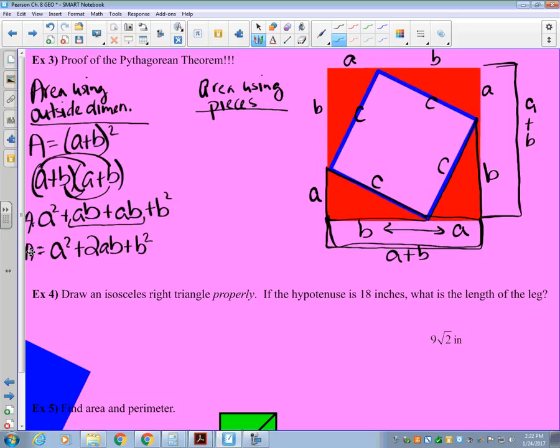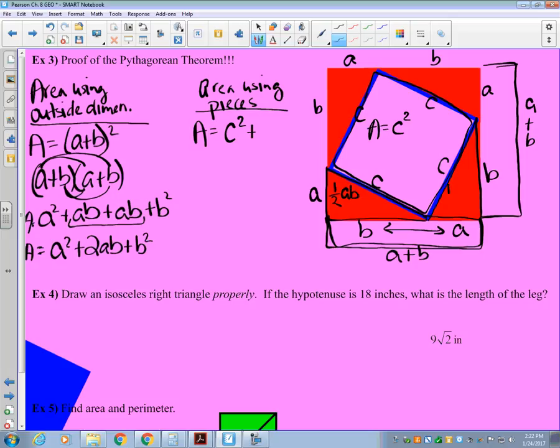Now we're going to solve this using the pieces. So we have the area is equal to the area of this inside square. Well, the area here is our side squared. And we're going to add that to the area of our triangles. Well, the area of the triangle is 1/2 base times height.